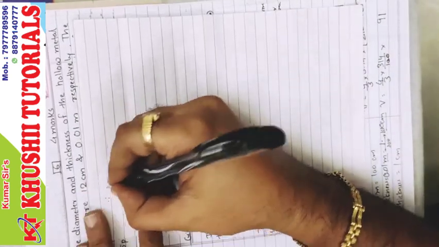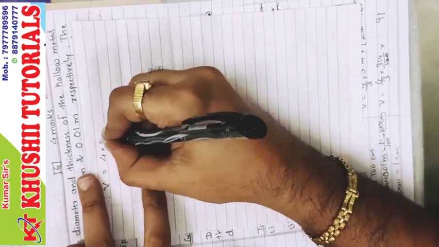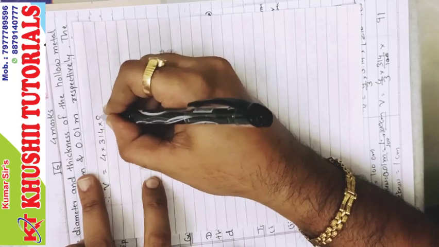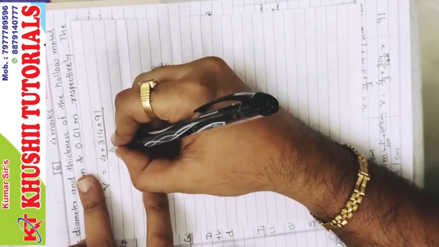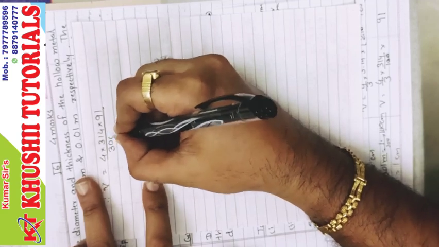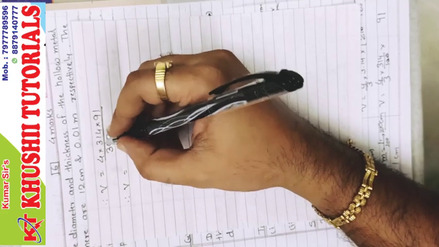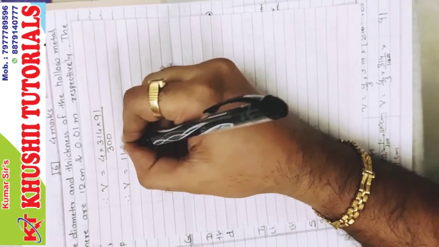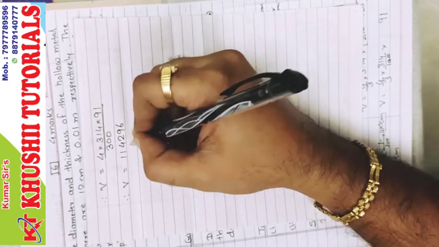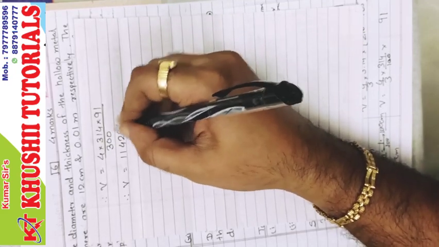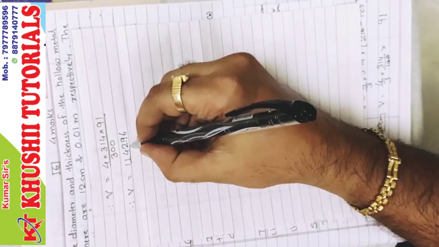Therefore volume is equal to 4 into 314 into 91 upon 3 into 100, that is 300. Therefore the product of these three numbers is 114296 upon 300, but we can cancel the decimal points 00, so we can put the point here upon 3.